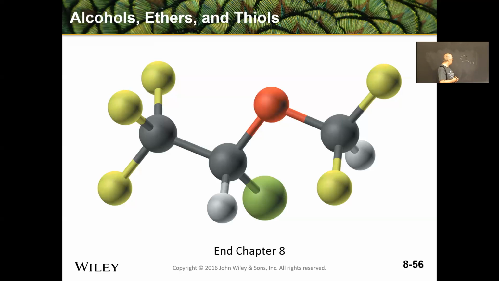The thiol compounds are not always unpleasant as far as their odors. Maybe a matter of opinion. This is one in particular that I find the odor pleasant. This is a compound that's given off when coffee is freshly brewed. So this is one of the main odor components of freshly brewed coffee.